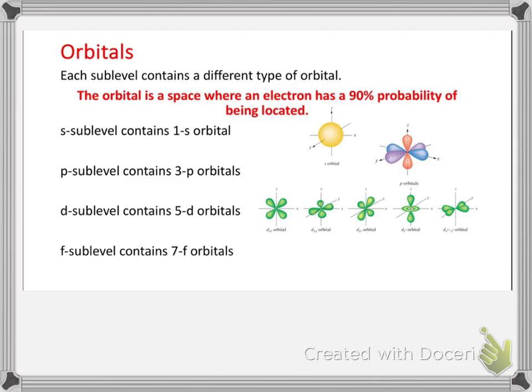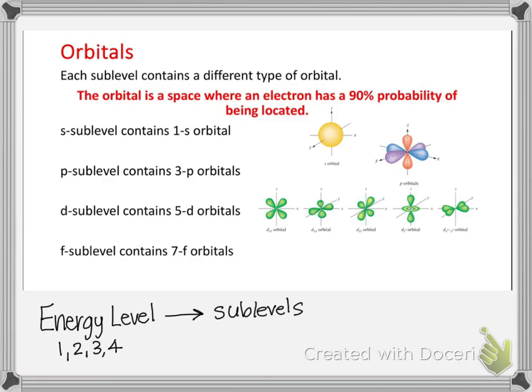Now finally, I'm just going to write down at the bottom: we have the energy level, and this is going to be numbers 1, 2, 3, 4. Inside the energy level, we have sublevels, and these are S, P, D, F. And inside the sublevels, we finally have the regions of high probability. This is where the electrons are, in the orbitals.